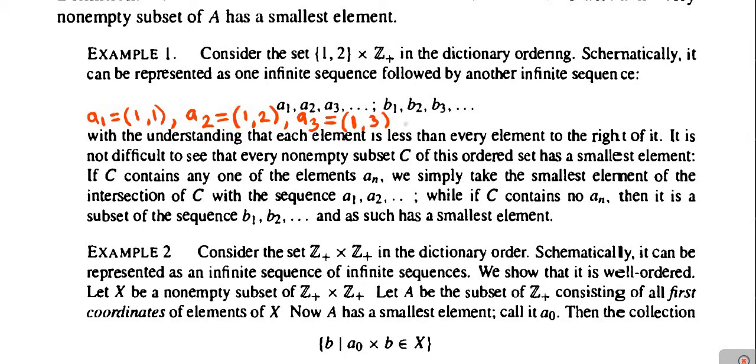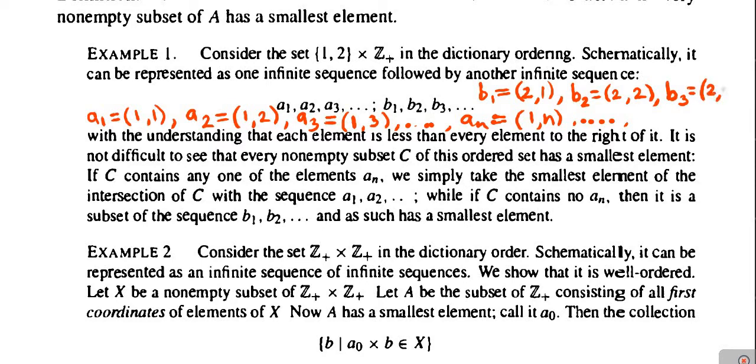So obviously continuing in this manner, an will denote the ordered pair (1, n), where n can be any positive integer. Similarly we have b1, b2. b1 denotes the ordered pair (2, 1), b2 denotes the ordered pair (2, 2), b3 denotes the ordered pair (2, 3), and continued in this way.